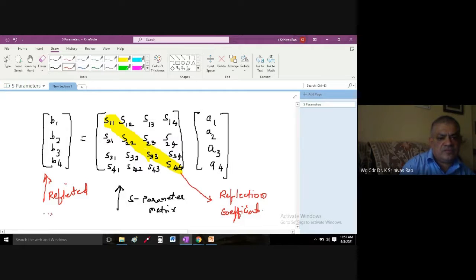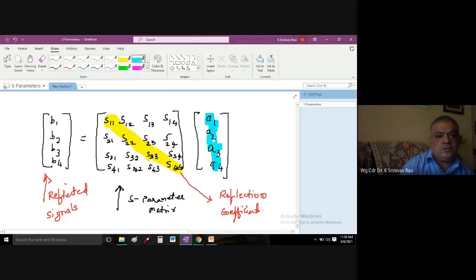These are the reflected signals. And we also have A1, A2, A3, A4.